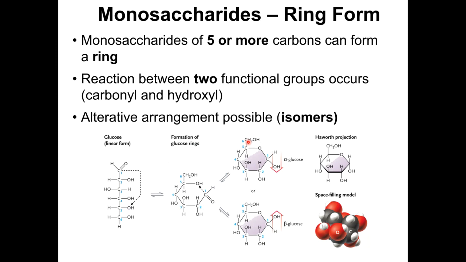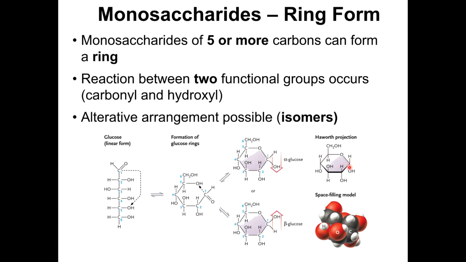Now, an important thing to understand is that whenever a monosaccharide with 5 or more carbons becomes cyclic, the hydroxy group that is formed in what used to be the aldehyde group, in this case, can end up in two possible orientations compared to the plane, this plane here. It can end up below the plane, so imagine this coming out to you.